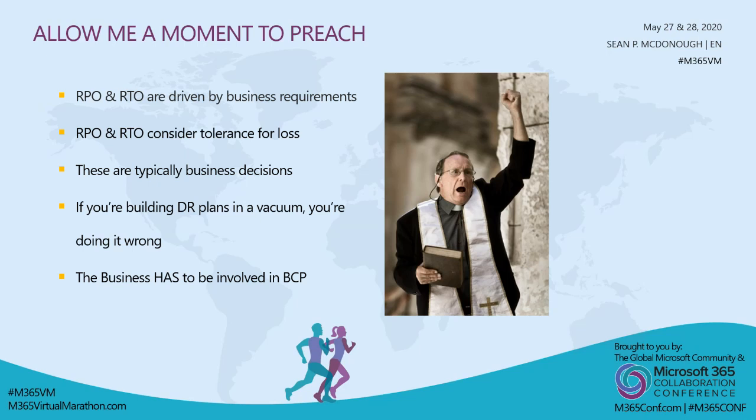RPO and RTO consider tolerance for loss. We know how much it's going to cost per hour, ideally, if things go down. So we want to base our RPOs and RTOs within our range for tolerance. We don't want to extend them unnecessarily, because these values do matter in real life situations.